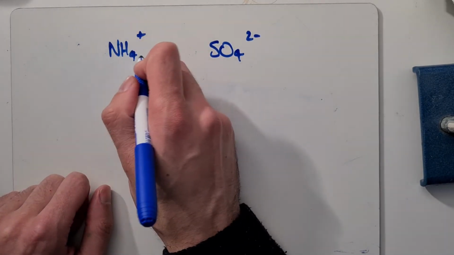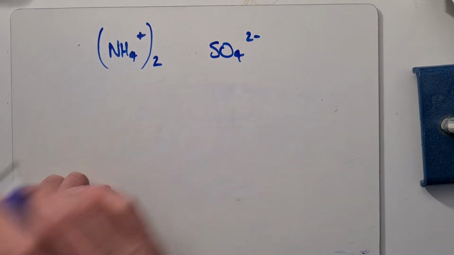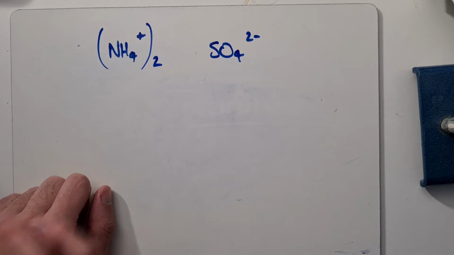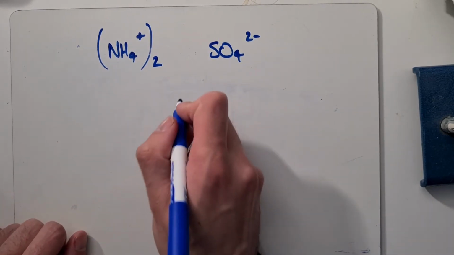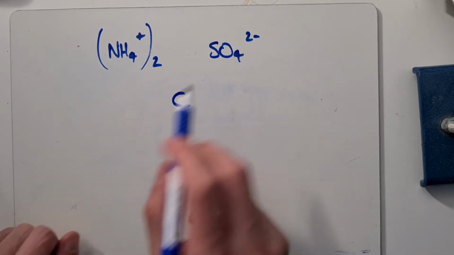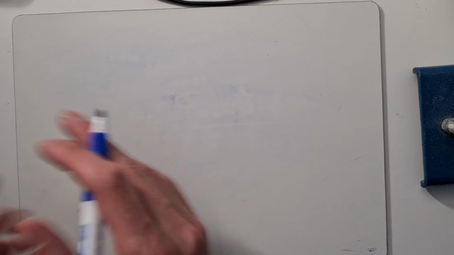I can't just put a 2 after because it's a polyatomic ion, so I'm going to have to put brackets in and then a 2 after, and then the charge is balanced. So the answer to this is C, (NH4)2SO4, and that just makes the ions on the top charge balance.